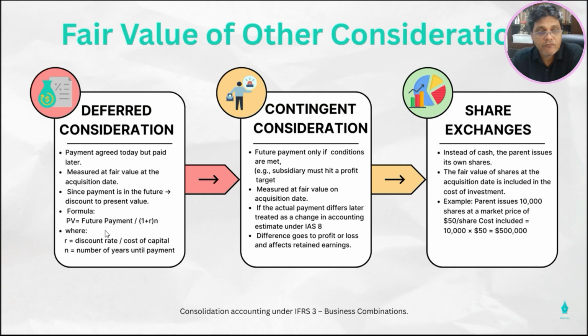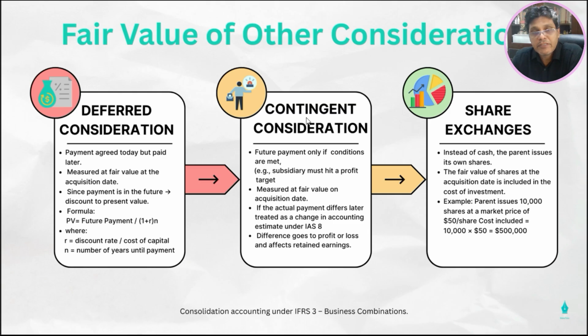This is the formula that everybody knows to calculate the present value: you take the future payment and divide it by the discounting rate raised to the number of years. Here R means the discount rate or the cost of capital, which will be given in the question, along with the number of years until the payment is made. This is how you calculate it if the deferred consideration is given as part of your investment cost.